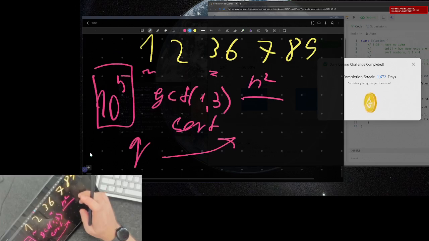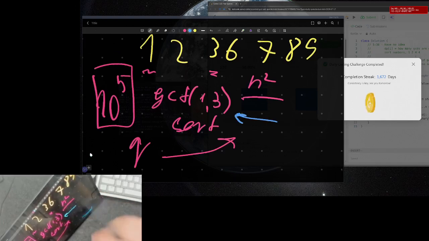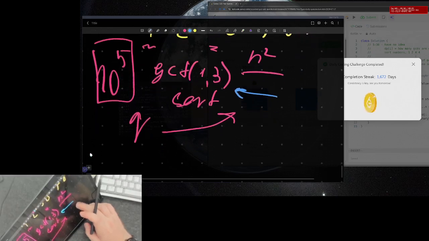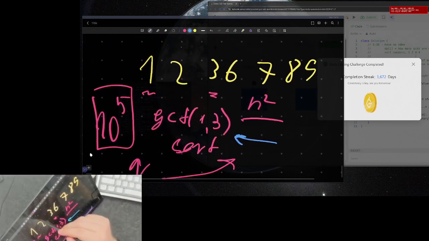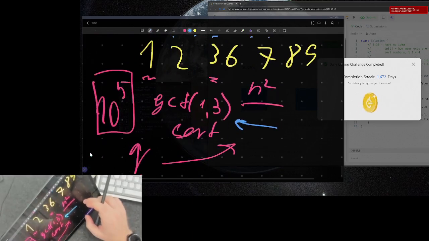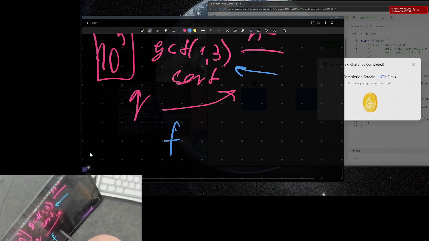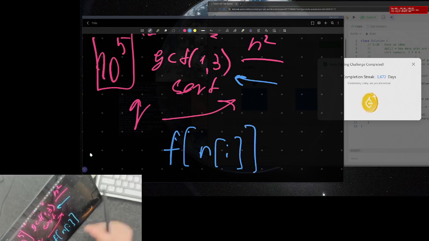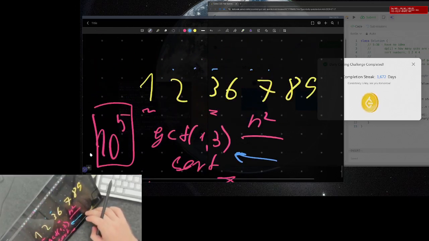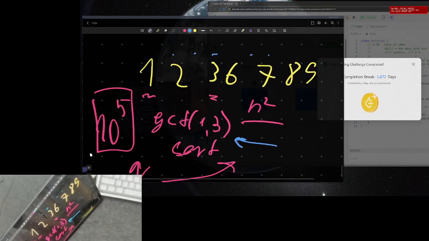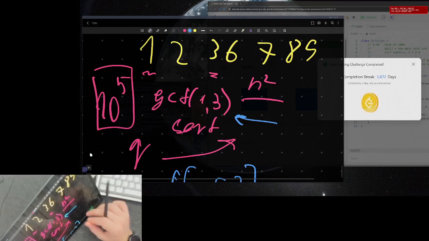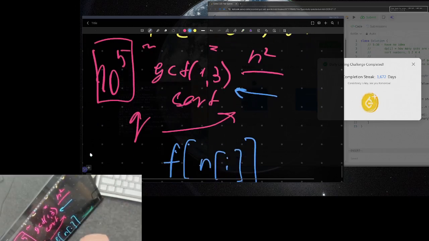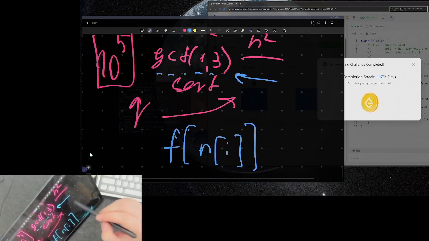We want to first count these GCDs somehow, and first of all we know about the duplicates. That means we have to shrink them. So what we can do is find the frequency of each number, like this, and after that we have, for each GCD, an upper bound.